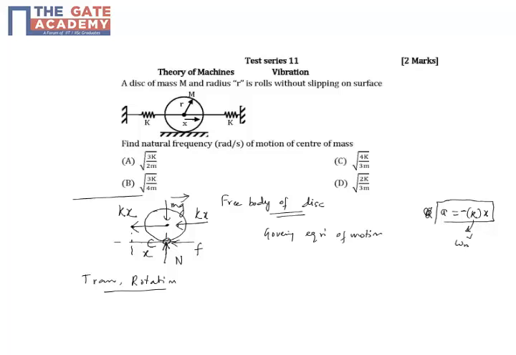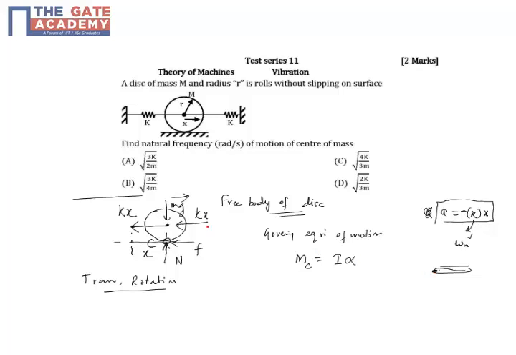We'll take moments about C. Now for rotational motion, the equation sigma M equals I alpha can be applied about the center of mass, or about a point that is fixed, like a rod hinged about an end, or it can be applied at the instantaneous center.